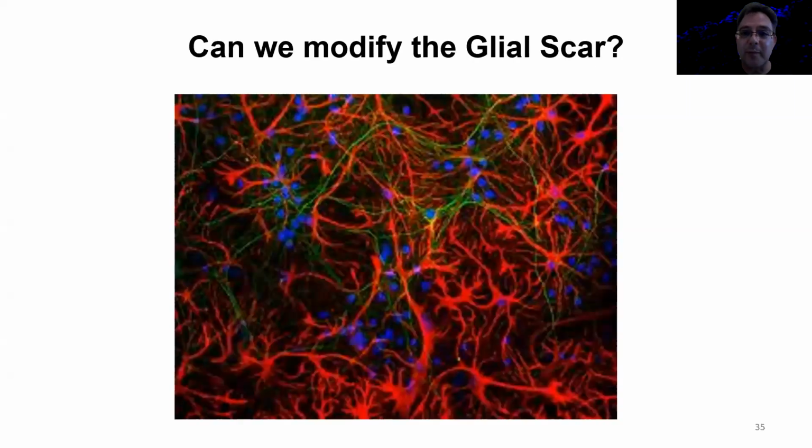So how can we remyelinate? We remyelinate by introducing endogenous cells that we can differentiate outside the body and then transplant into the patient.